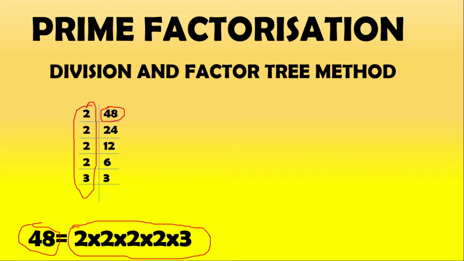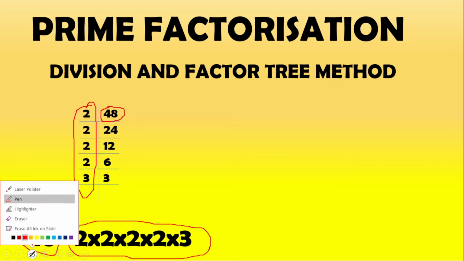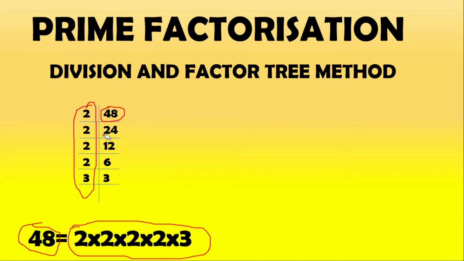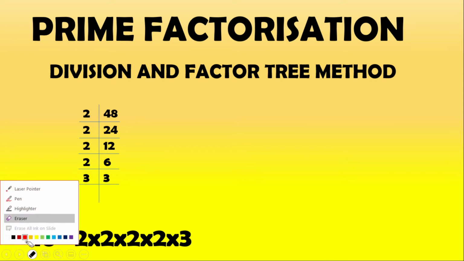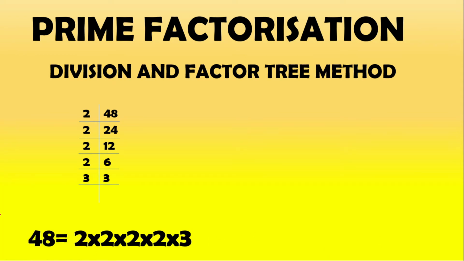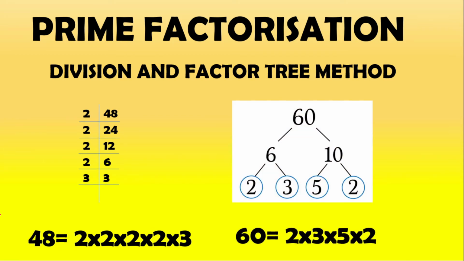Now we have studied the division method in prime factorization. Now let's check another method, that is the factor tree method. For the factor tree method, we write the number which we want to factorize.